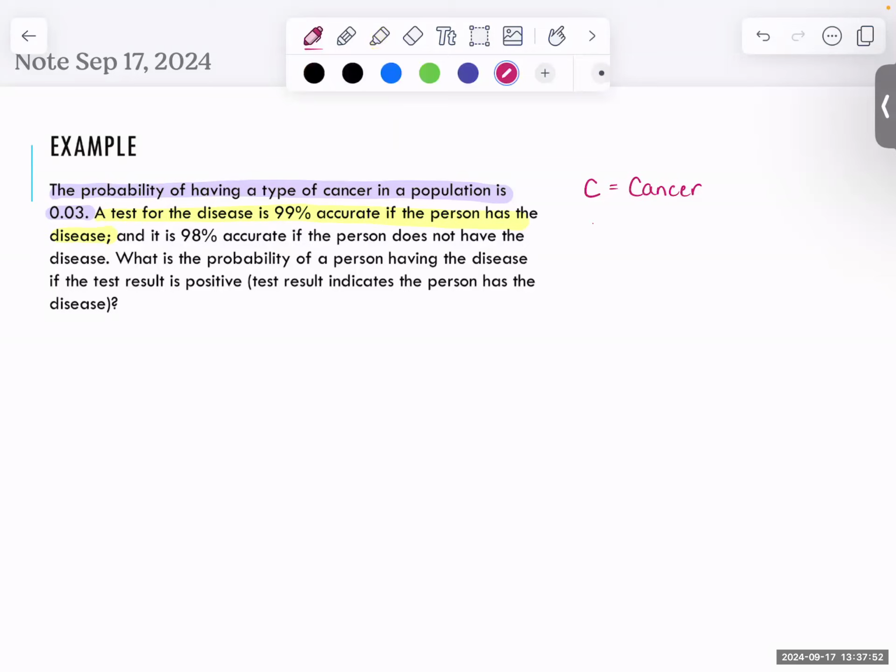I am going to let the event P be that I test positive for this cancer. So the probability that I test positive, given that I actually have this cancer, is 99%.